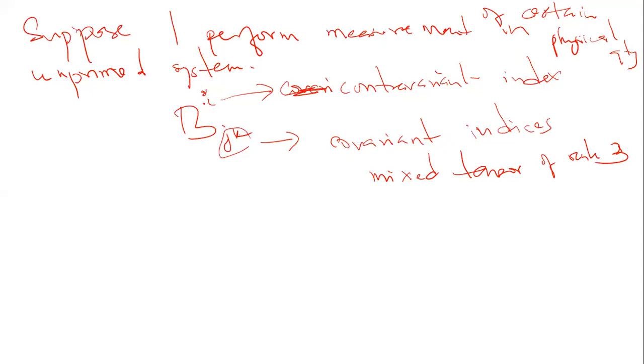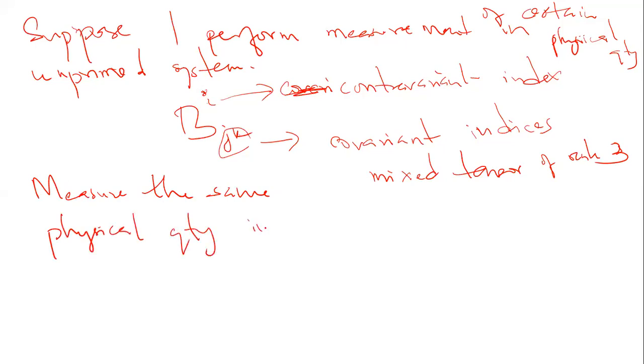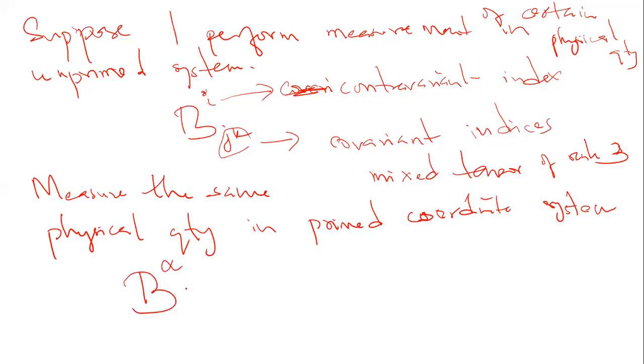Now, suppose you measure the same physical quantity in another coordinate system, denoted as the prime coordinate system, and suppose the measurement results in the components b^alpha_beta gamma prime.